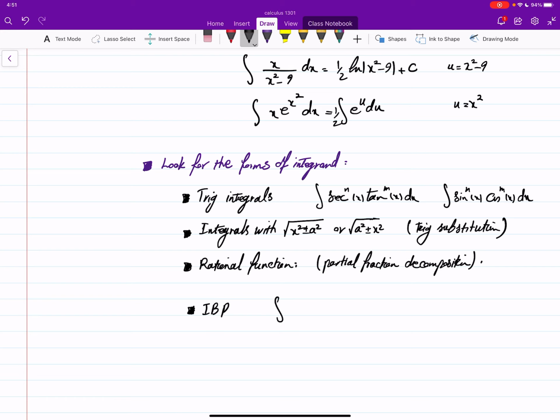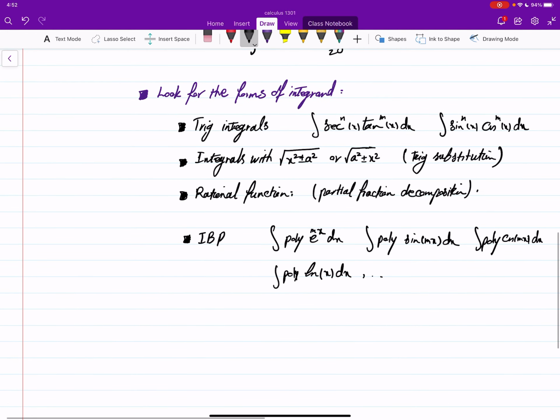Remember integrals like polynomial times e to the power mx, or polynomial times sine mx, or polynomial times cosine mx, and polynomial times ln x. All these that we have studied are other forms that you have to be able to integrate. So all these ones you should go with.